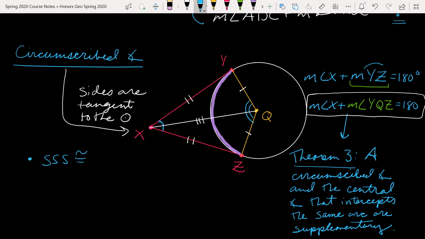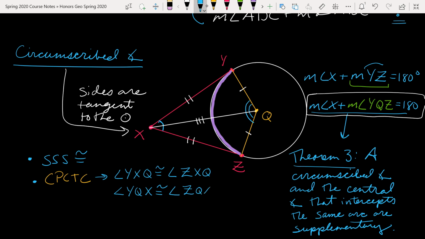But once we have side-side-side congruence, how is that going to help us get to this statement? Well, CPCTC certainly leads us to understand that these two statements have to be true. In fact, they're already marked for us in the diagram. We have congruent angles here, and we have congruent angles here.